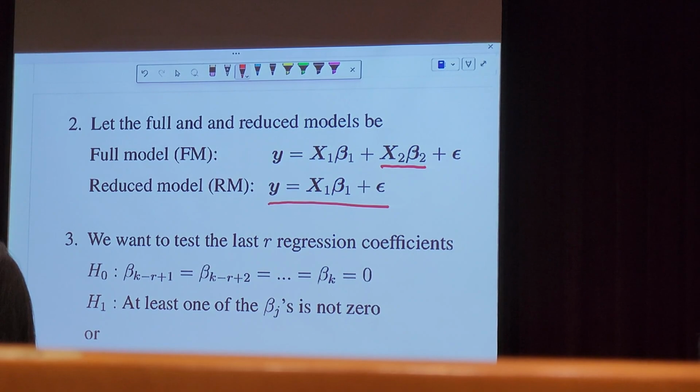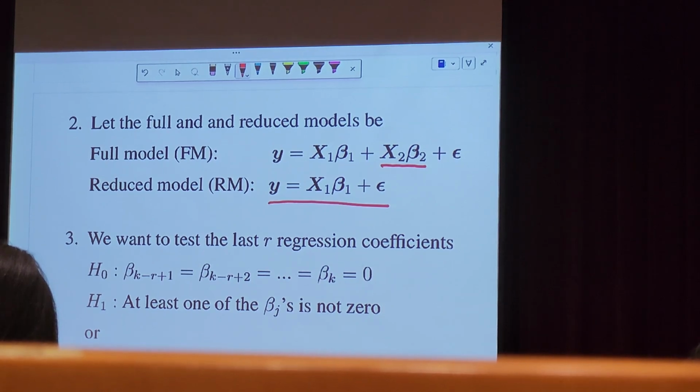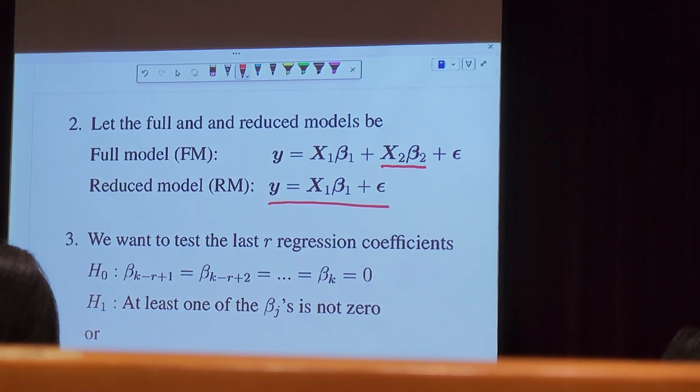Because if we leave out any useful regressor variables, that won't be good. We want to include as many useful regressors as possible, and at the same time keep the number of regressor variables minimum. The bigger the model, the more complex it is. We want a small one, yet it includes all the useful variables.